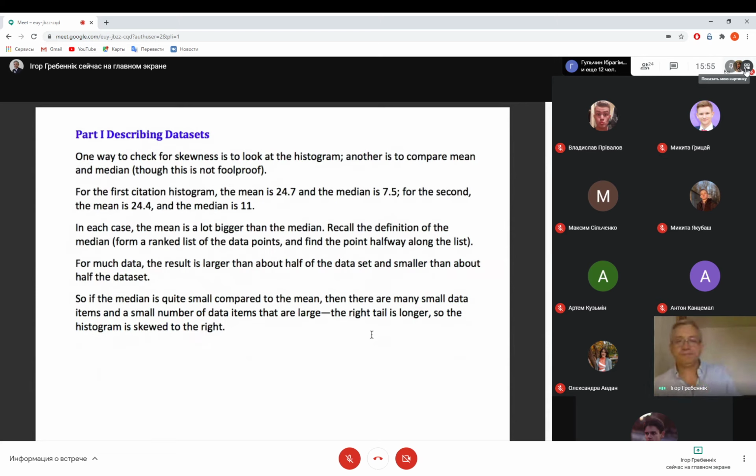Some conclusions. One way to check for the skewness of a histogram is to look at the histogram. Another is to compare mean and median, so not to look at the picture of the histogram, but compare mean and median.